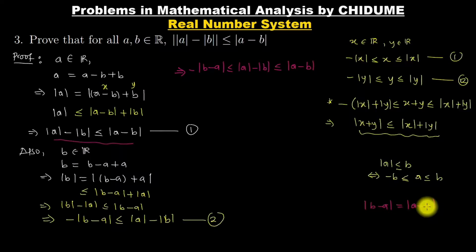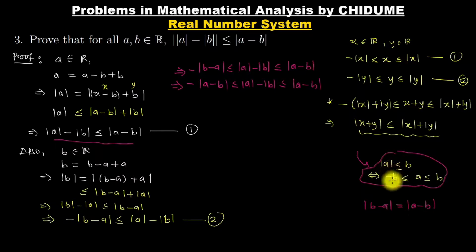So that means I will have negative of the absolute value of A minus B less than or equal to the absolute value of A minus the absolute value of B, which is less than or equal to the absolute value of A minus B. From this axiom, if you have negative of b less than or equal to a less than or equal to b, we can rewrite it as the absolute value of a less than or equal to b.